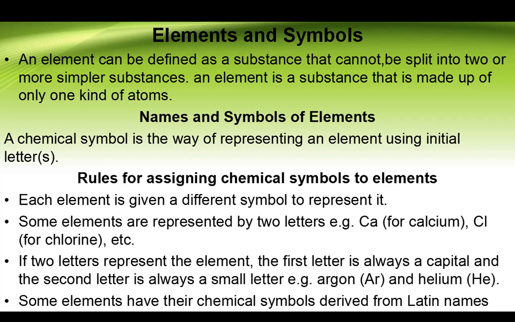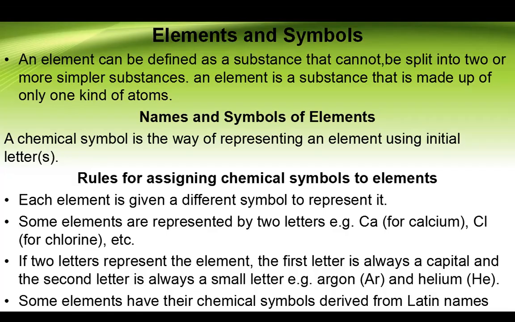So instead of writing them the same chemical symbols, they derived their chemical symbols from the Latin names of these elements. Example, sodium, its chemical symbol is Na, and that Na is derived from a Latin name. So those are just a few of the rules that are used for assigning the chemical symbols to the elements.